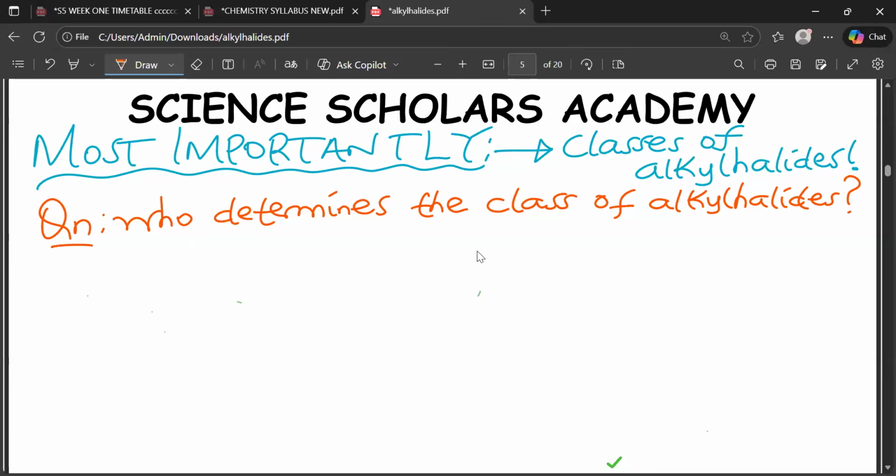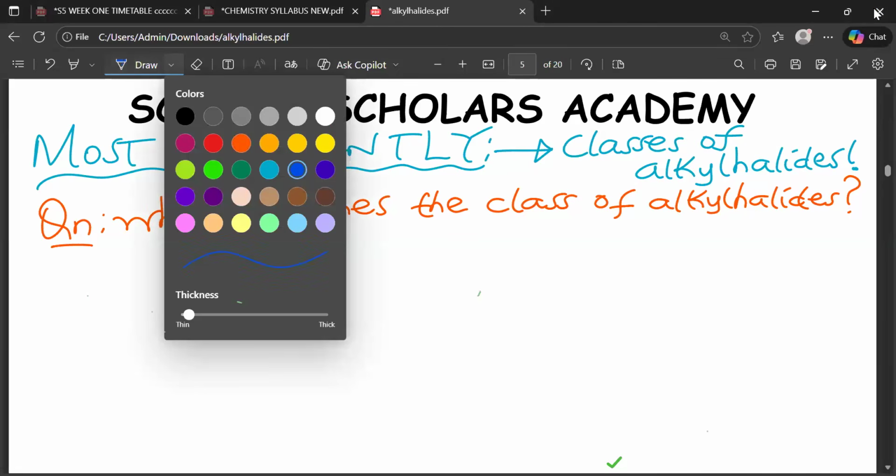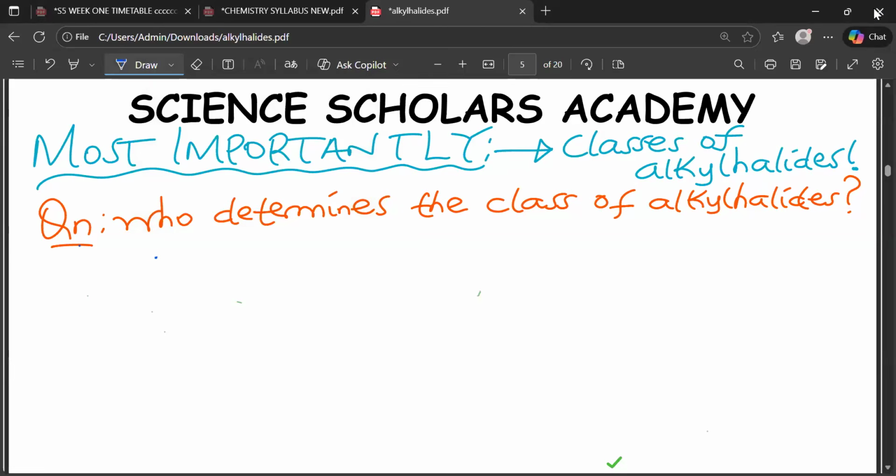Judith was the first one to raise her hand. You tell me, Judith, who determines the class of alkyl halides? I think it's the halogen, the halogen and the carbon atom on which it is attached, and the number of hydrogens it has.